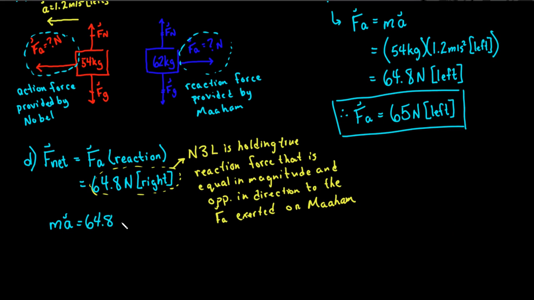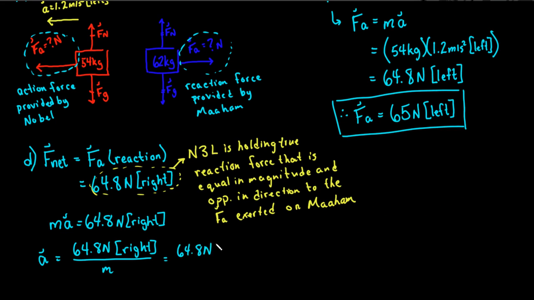So Nobel's acceleration, much like we solved in the last problem, is going to be her net force, or that applied force from the reaction, divided by her mass. Okay, so we get 64.8 newtons divided by her mass, which is 62 kilograms.